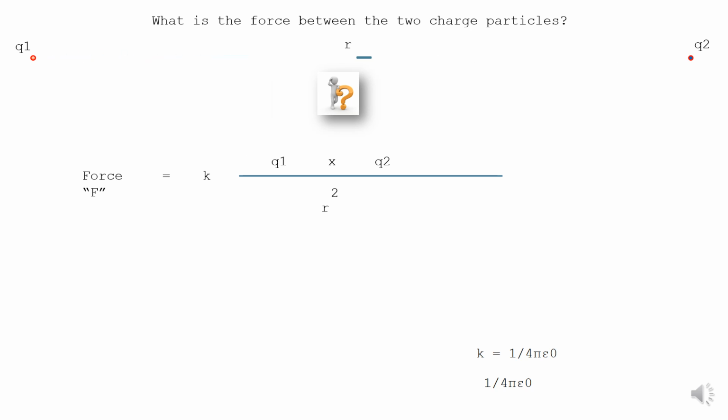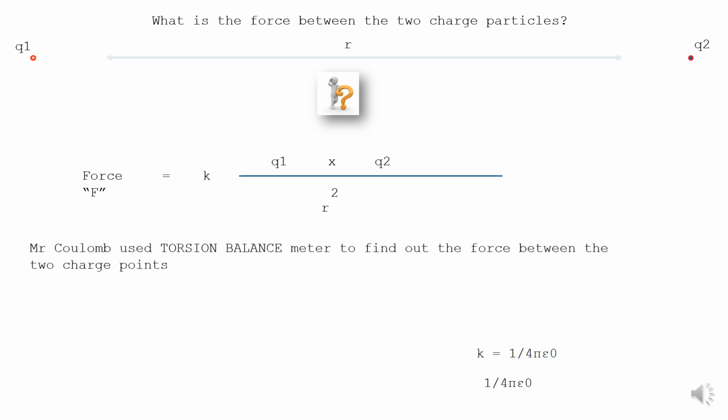I will repeat: the force between the two charged particles is K, an arbitrary constant, multiplied by the charges Q1 and Q2, divided by the square of the distance R. What a beautiful definition. By this formula, we can calculate the force between two charged bodies.